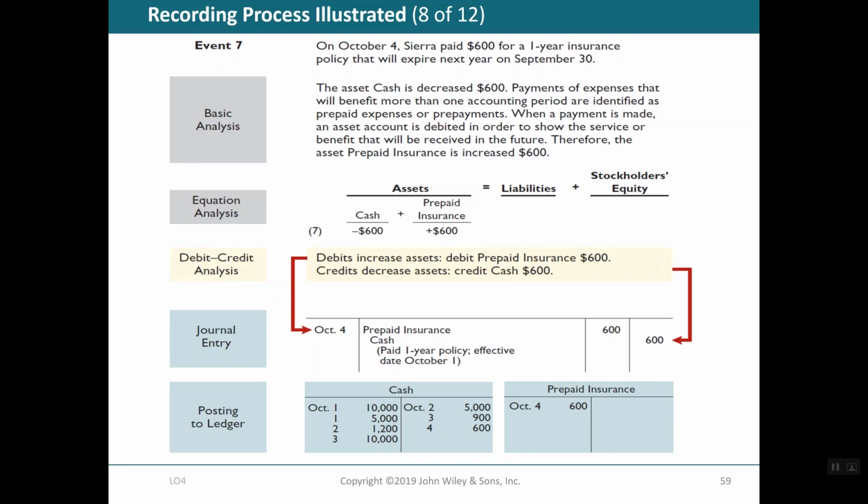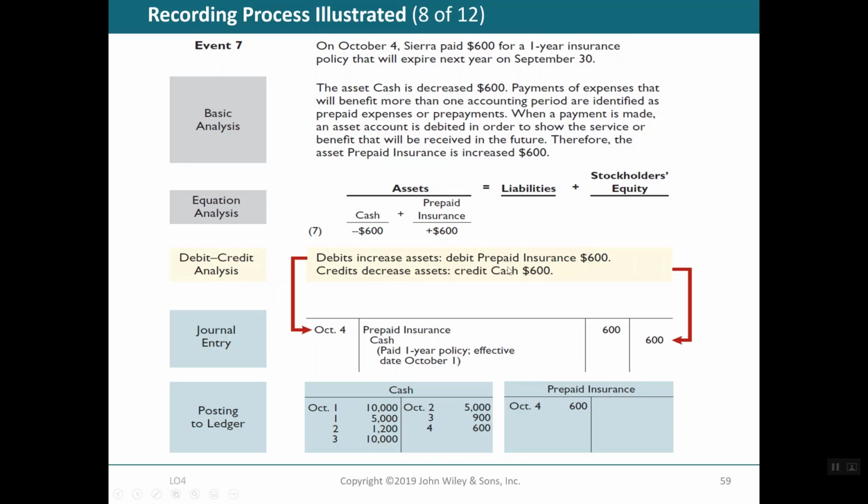Because we have paid for more than the accounting period in which we are, it is going to be termed as what? A prepaid expense. When a payment is made, an asset account is debited in order to show the services or benefit that will be received in future. Therefore, the asset prepaid insurance is increased by 600, whereas cash is reduced by 600.